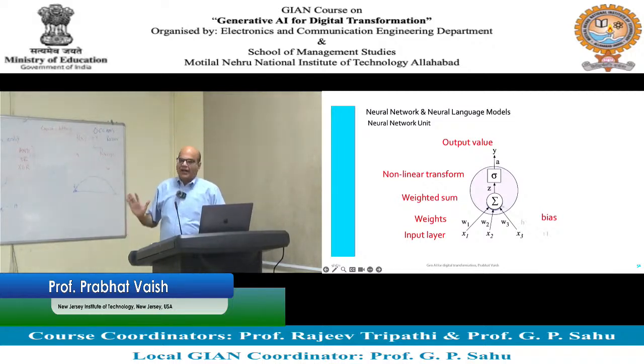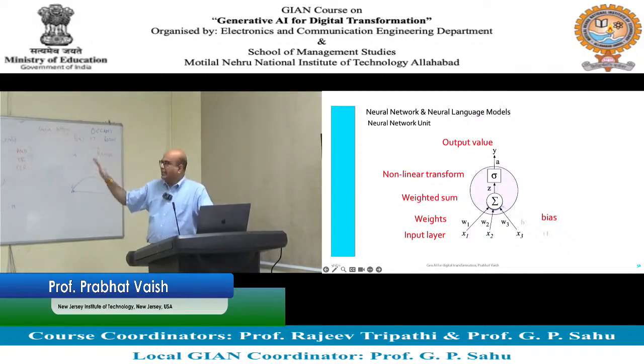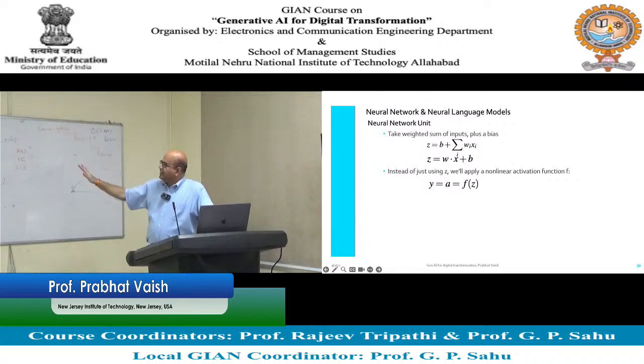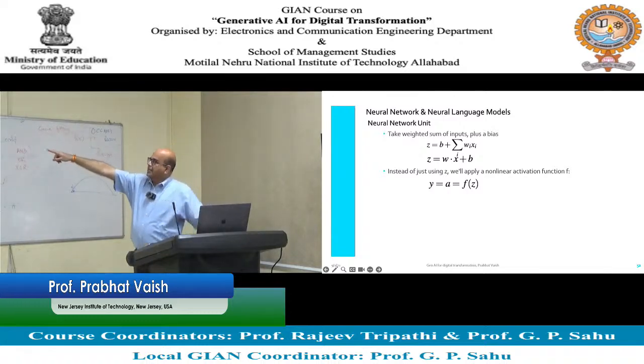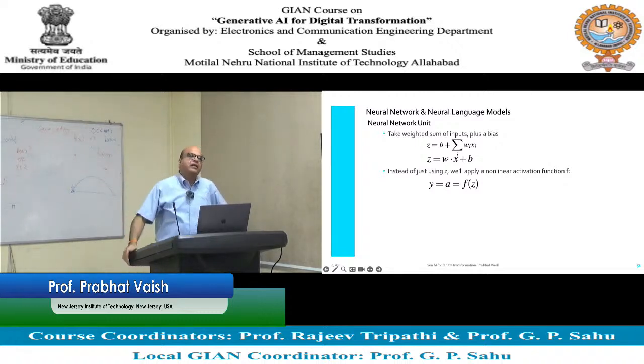Okay? Now, let's turn this into the mathematical or equation form. The weighted sum of input and a bias. W represents the weight, X represents the input value, B is the bias. So the summation function is Z equal to B plus summation of W multiplied by X over all i, right?